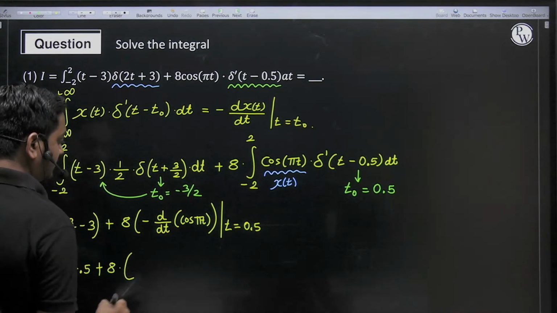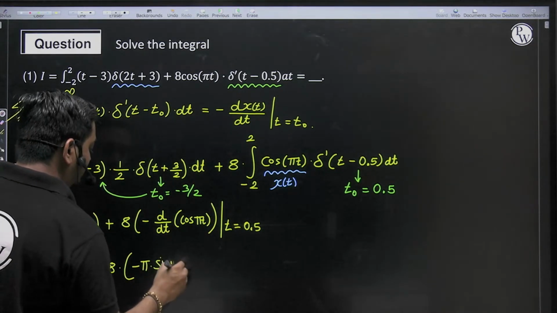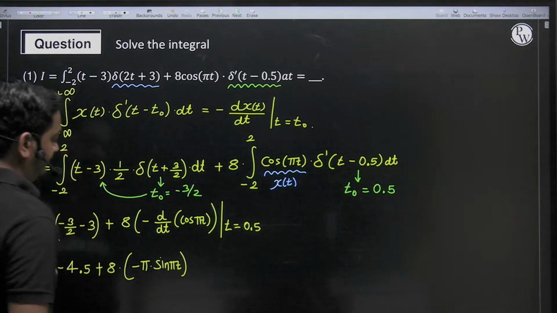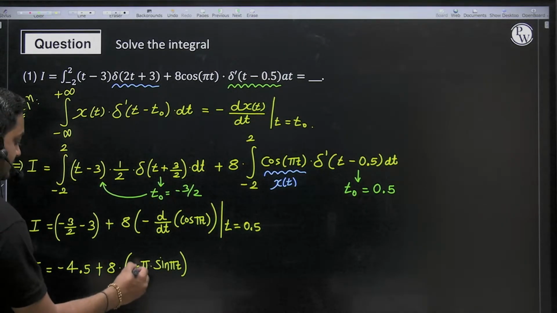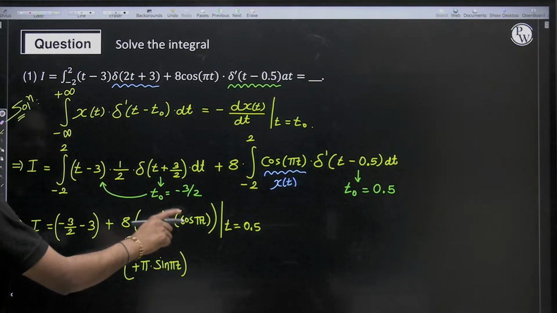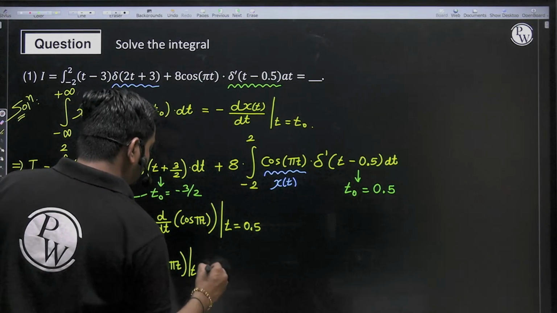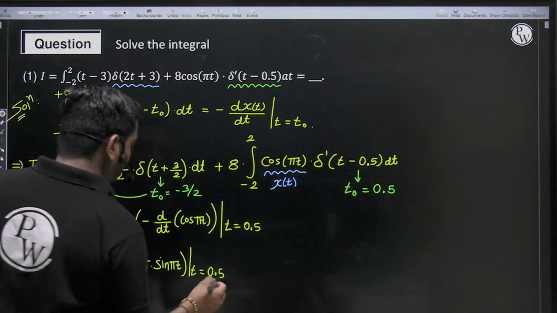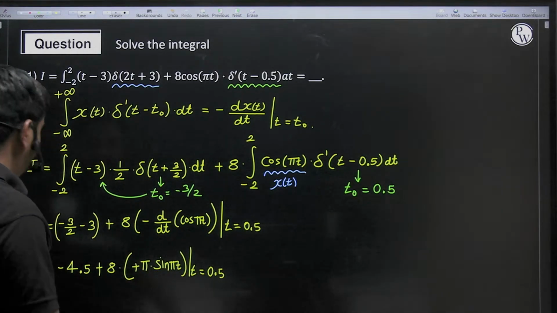Now differentiation: minus π sin(πt). The minus sign, and the differentiation of cos also gives a minus sign, so minus plus, and here t equal to 0.5. If you put t equal to 0.5, it becomes sin(π/2), and sin(π/2) is 1.